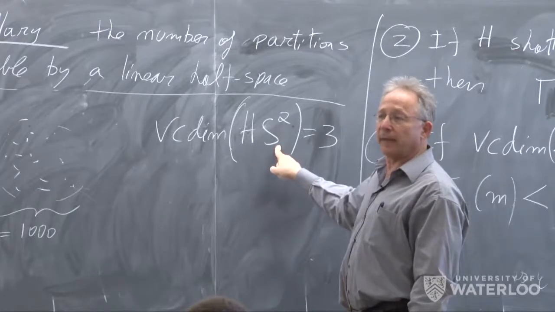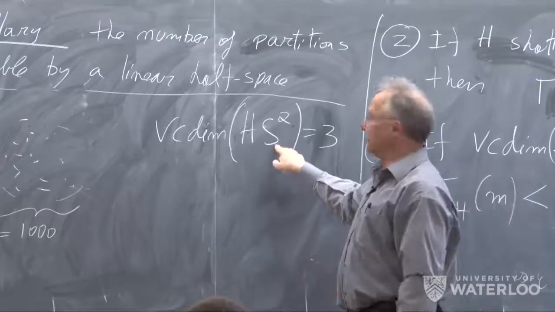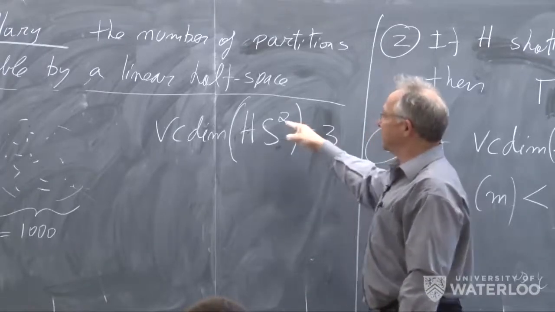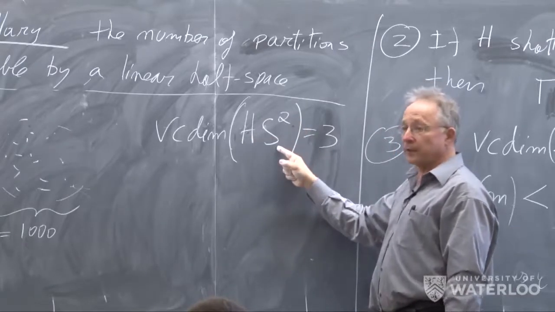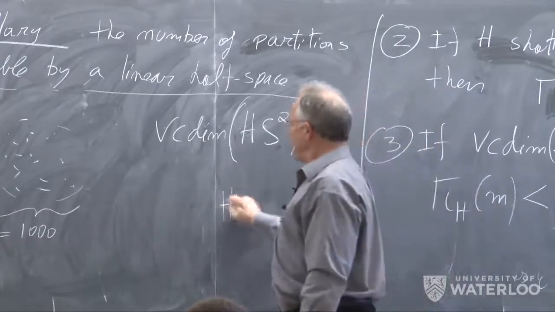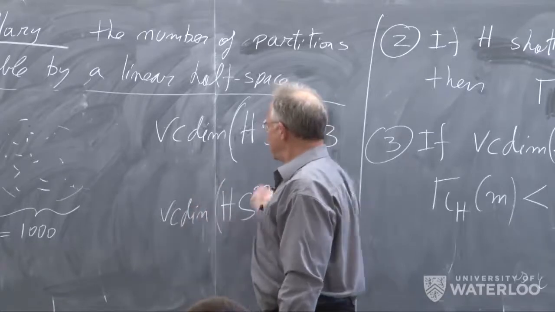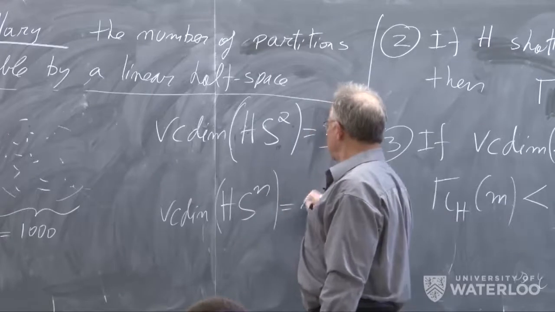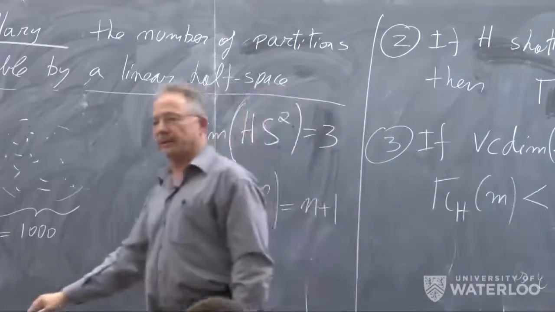If I allow them to go everywhere, not necessarily through the origin, then I get n plus 1 rather than n. You will prove it in the next assignment.